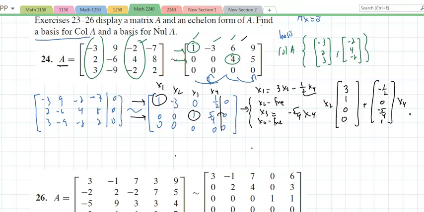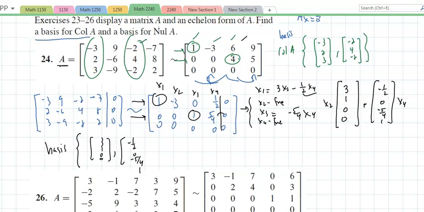So basically, if you want the bases, it will be any multiple of 3, 1, 0, 0, and negative 1/2, 0, negative 5/4, 1.